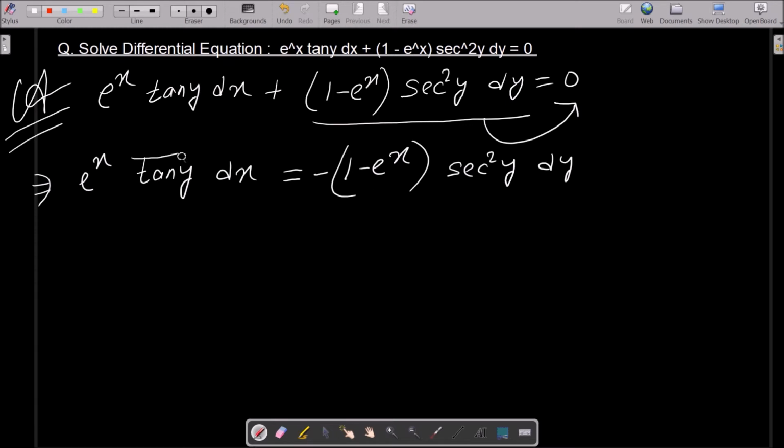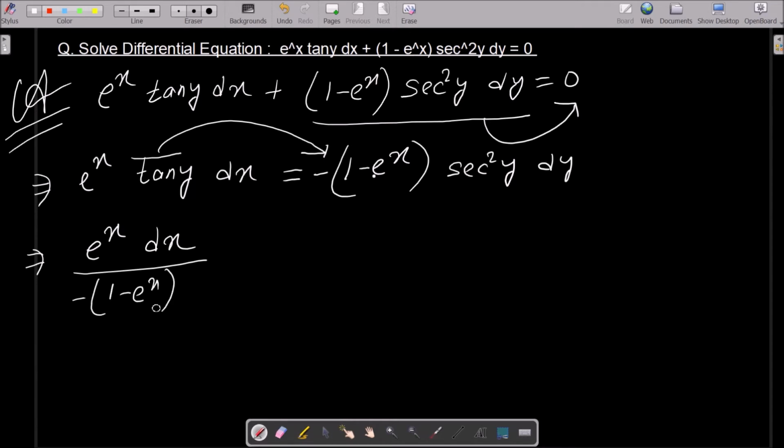After that, the next is the y part. I'm going to move it to the right, and the x part, e^x dx, moving to the left. So this is multiplication, and this will go to division. So e^x dx over (1 − e^x) equals sec² y dy divided by tan y.